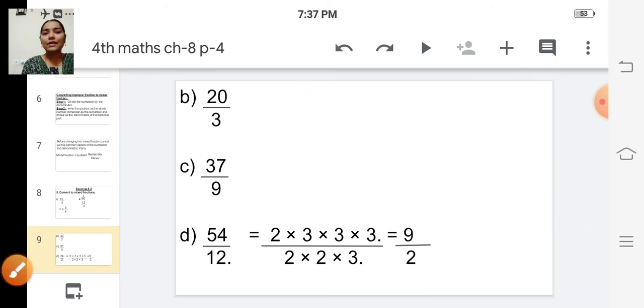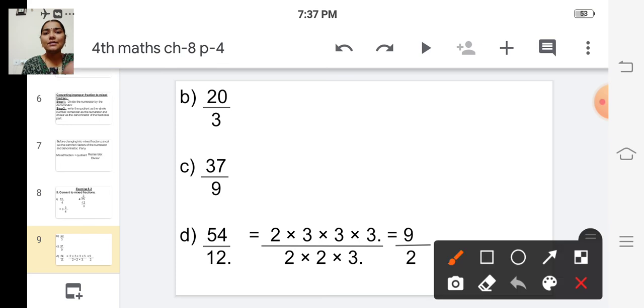Look at the next fraction, 54 divided by 12. We shall find out the common factors. First we have to find the factors for 54 and factors for 12, and if there are any common factors, then we have to cancel them out.